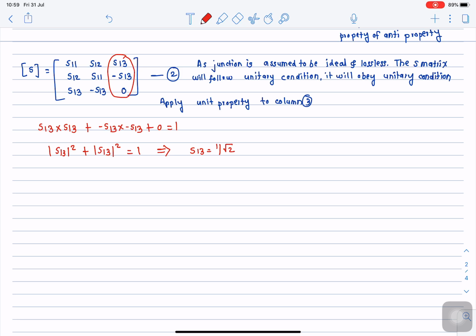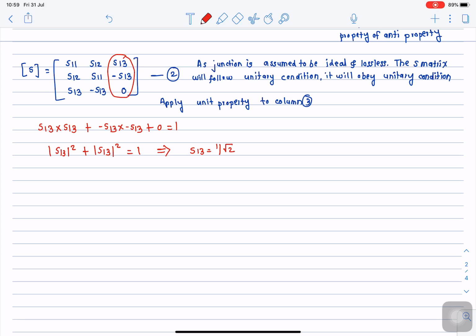Right? So what we do is we replace this value of S13 in equation number 2 and we will rewrite the matrix, and the matrix will become S is equal to S11 as it is, S12 as it is. Now S13 I will replace with 1 by root 2.